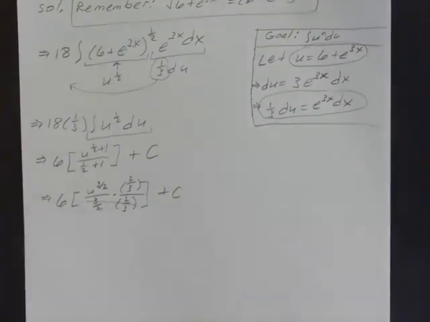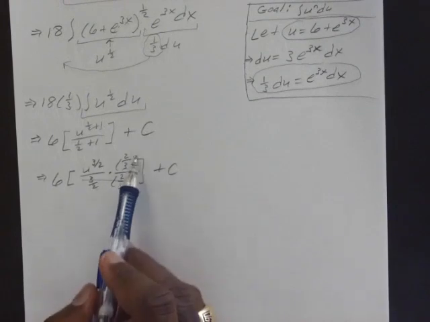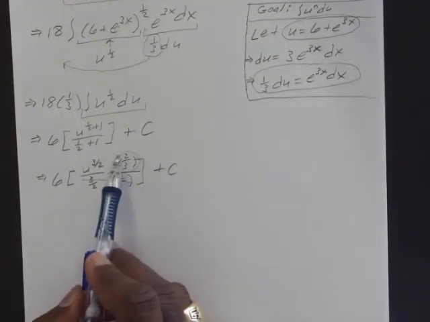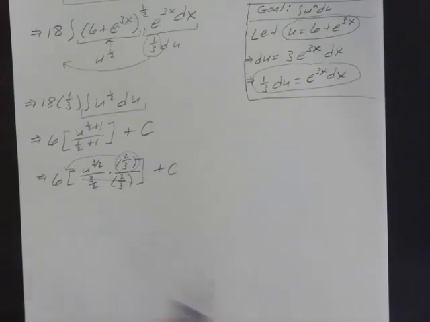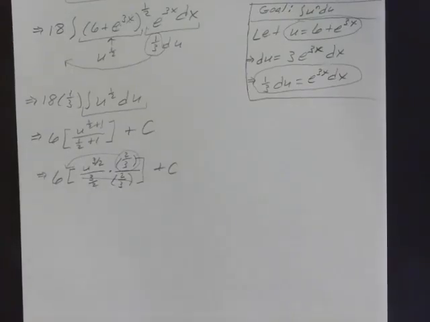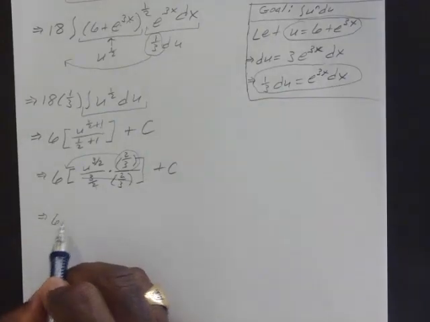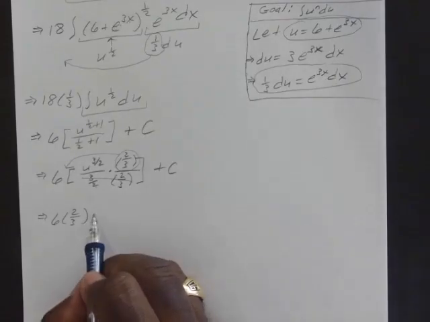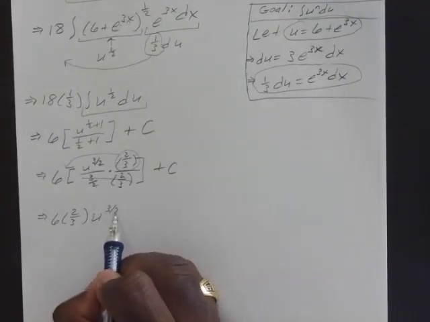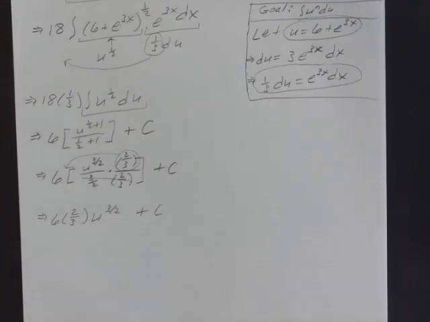So those two cancel each other out. And this 2/3 right here, we can just factor onto the front. So we have 6 times 2/3 times u to the 3/2 power plus c.